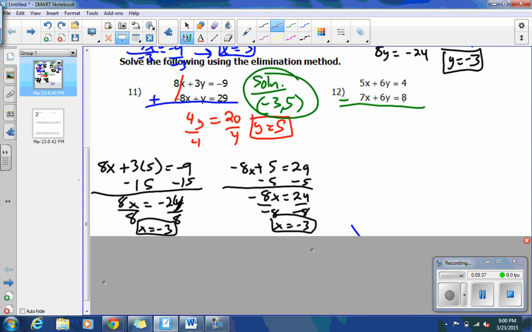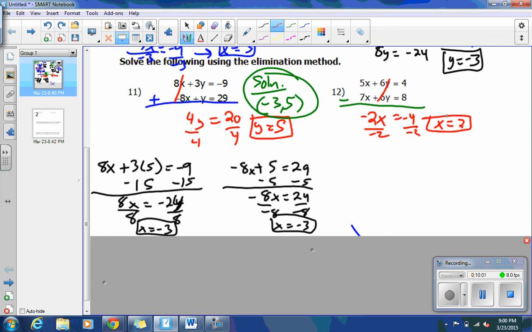So 4 minus 8 is negative 4. 6y minus 6y is 0. So those cancel out. And then 5x minus 7x is negative 2x. Solve for x by dividing both sides by negative 2. You end up getting x equals positive 2.